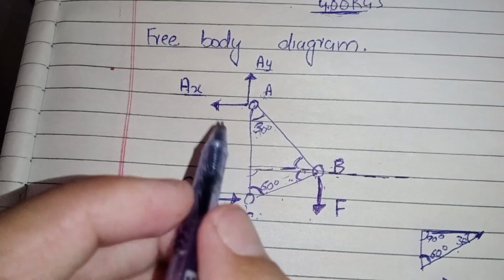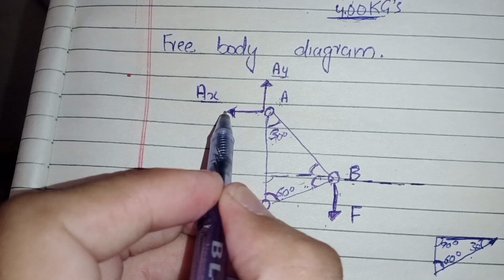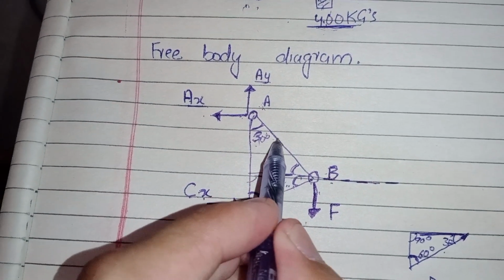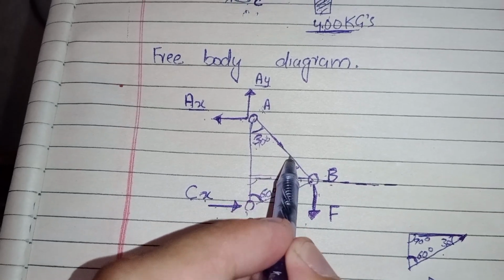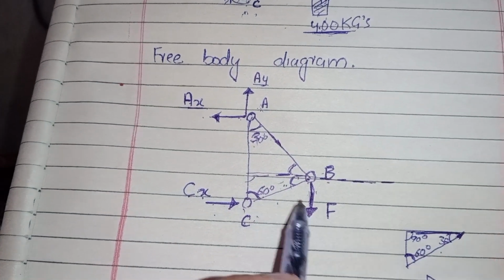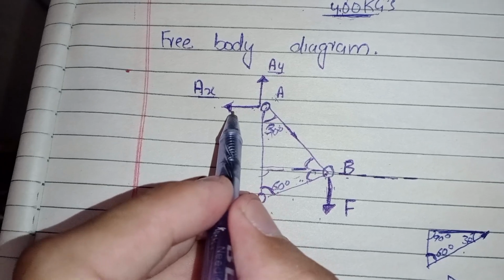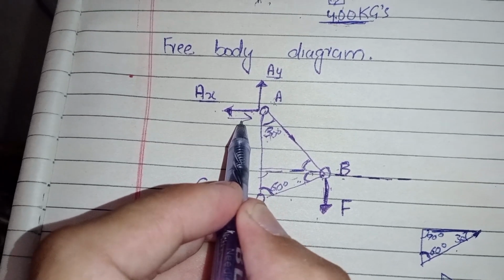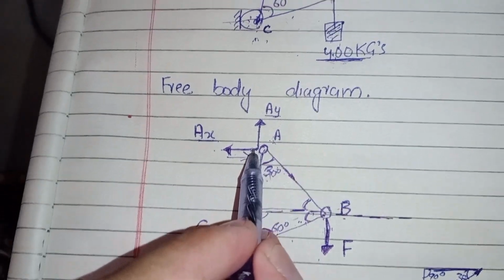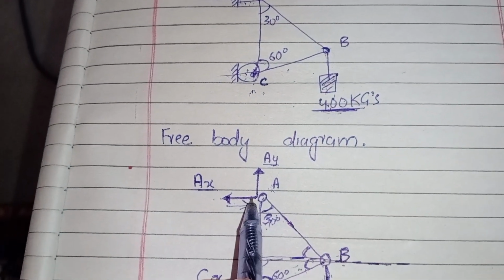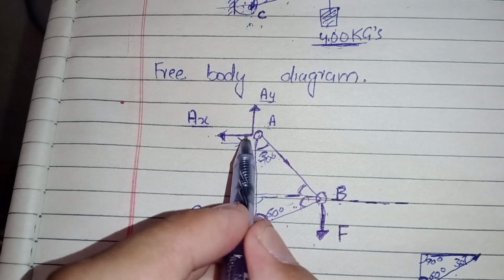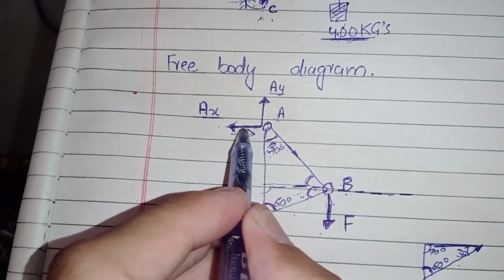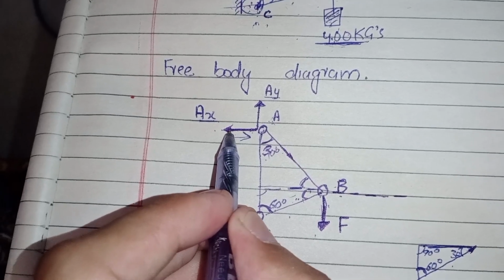So I have directed this force to the left because when you pull this string or this member, the force will act toward that, and the support will resist this. The support will resist this point by a reaction force toward the left.